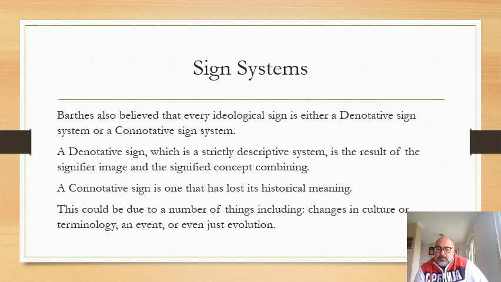The problem with the connotative sign system is that such loss of meaning may be due to a number of things, including changes in culture or terminology or an event or even just evolution. That is to say, the objects we used hundreds of years ago do not carry the same meanings as we give to them, as we infer from them today.